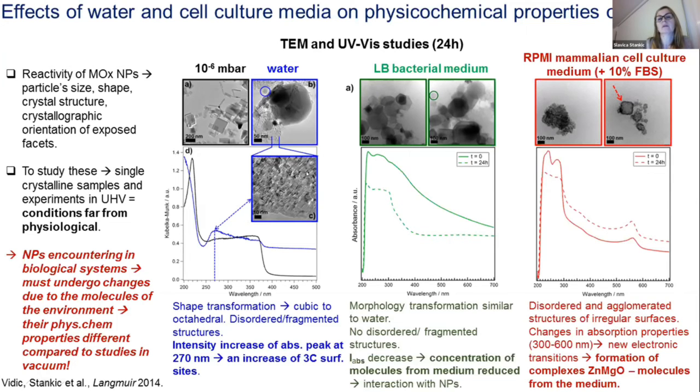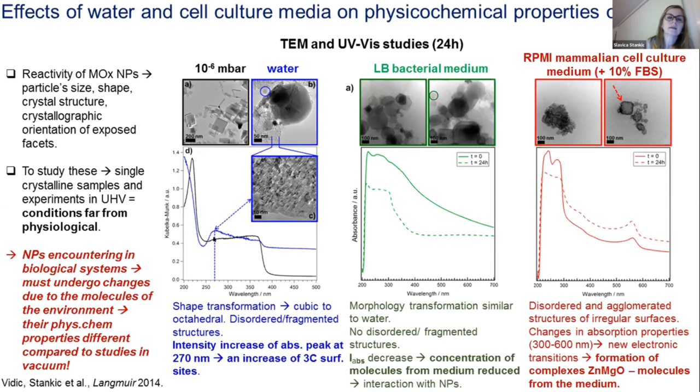if you imagine those cubes, which are typically magnesium oxide, the interaction with water leads to erosion of the corners, and this increases the concentration of the lowest coordinated corner ions on MgO.